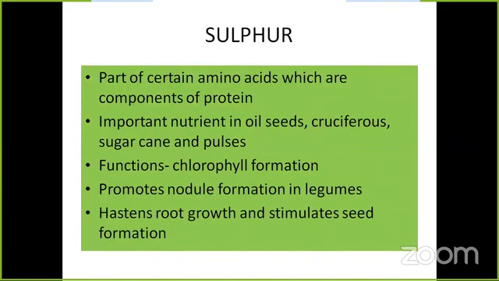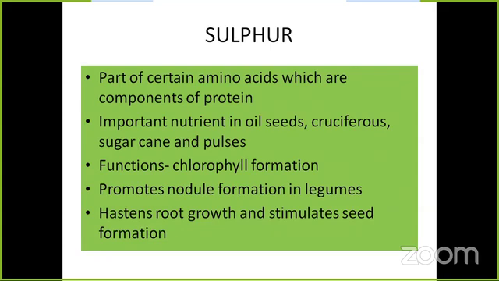Next is sulfur, which is one of the important nutrients. This is going to create acidity in the soil. It is part of amino acids, which are components of protein. So naturally the pulses would look into this because they are protein-based crops, like beans, soya bean, French bean, field beans.